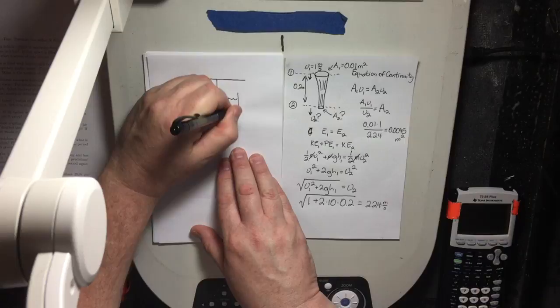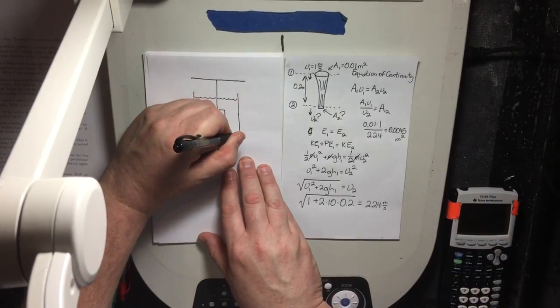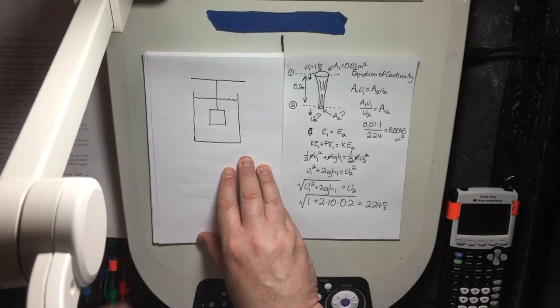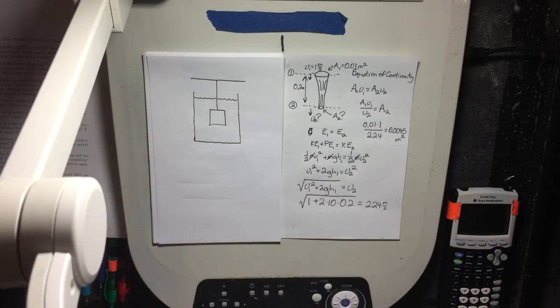Now, what I did is I took the last problem off of the last problem set, and since it didn't have a buoyant force, we didn't have access to buoyant forces, a lot of those problems just got shifted over into the next one.